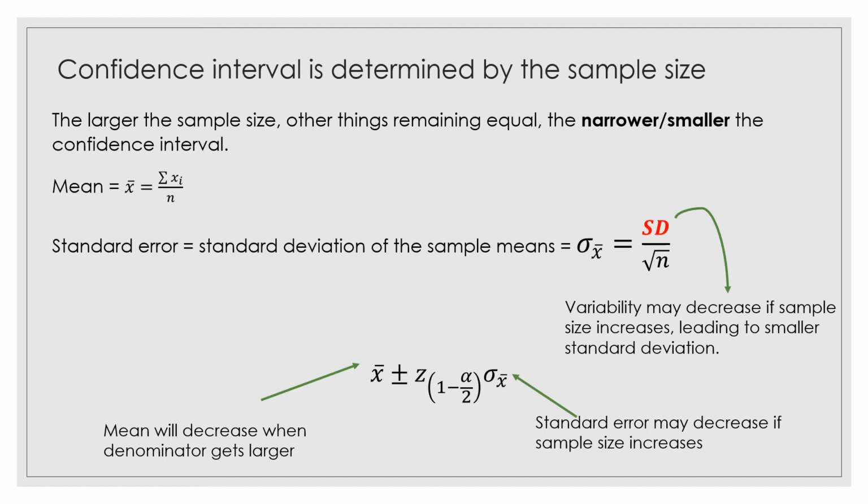And because the mean may decrease when the denominator or sample size gets larger, and the standard error may also decrease when the sample size increases, we may get a smaller confidence interval when the left side to the plus minus sign may decrease and the other element, the standard error, on the right side of the plus minus sign may also decrease.